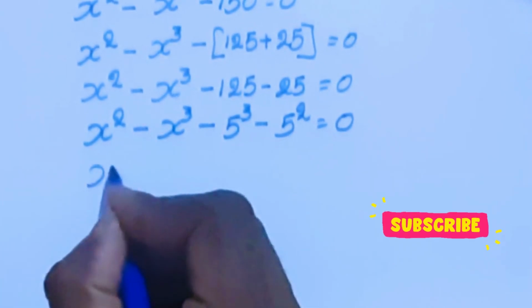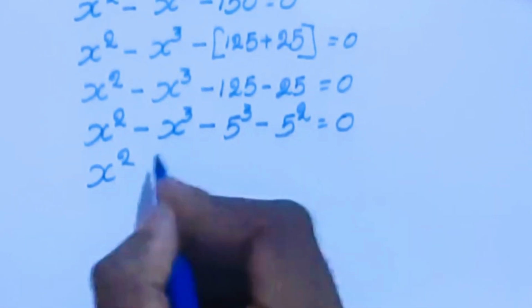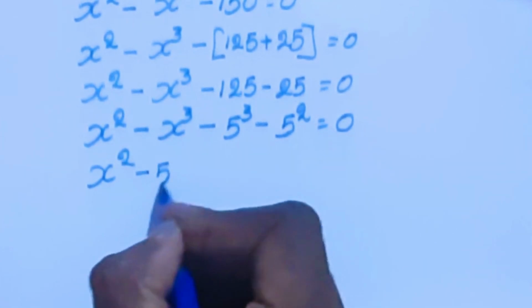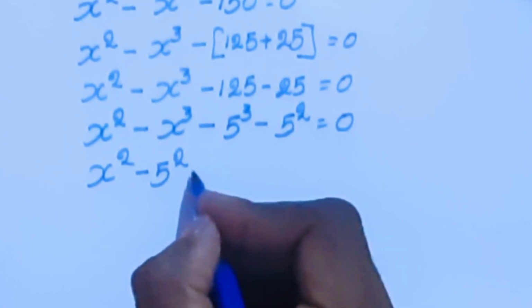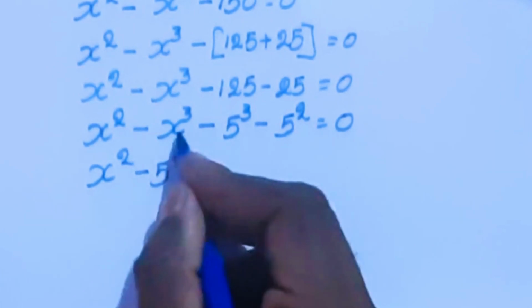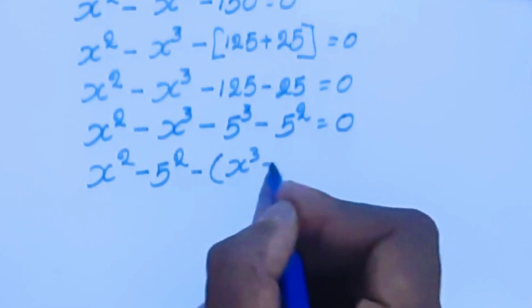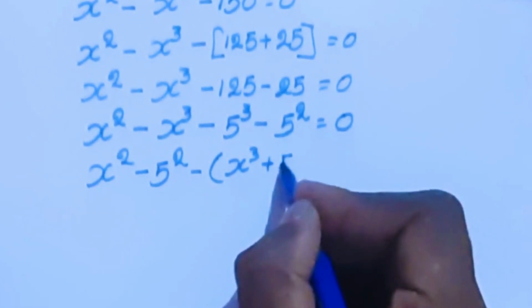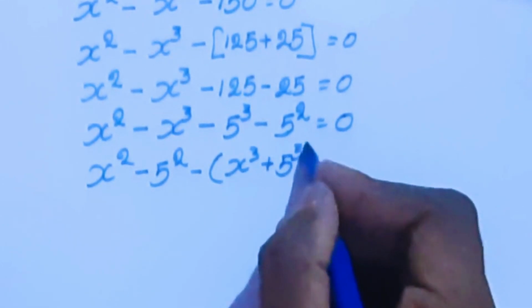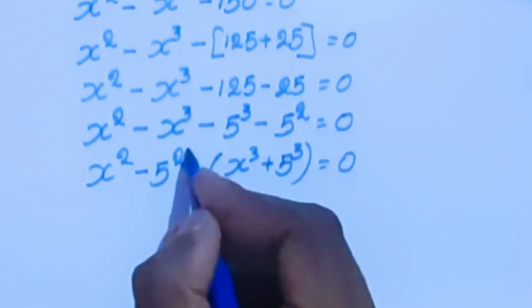Now x^2 - 5^2, and here we are going to take minus common, so -(x^3 + 5^3) = 0.